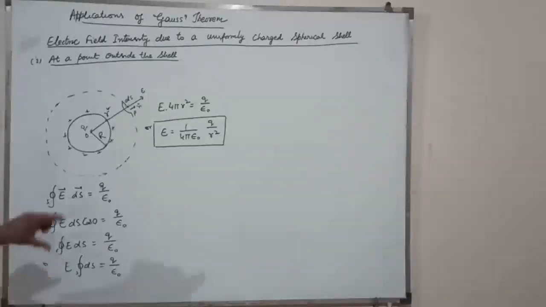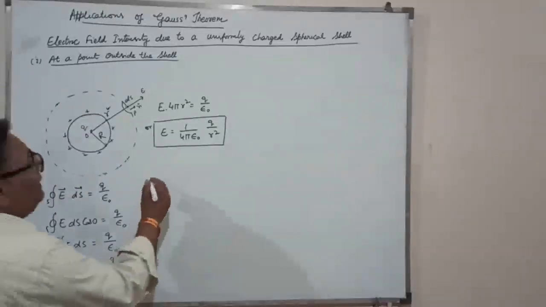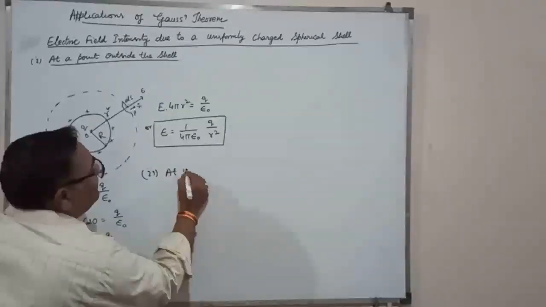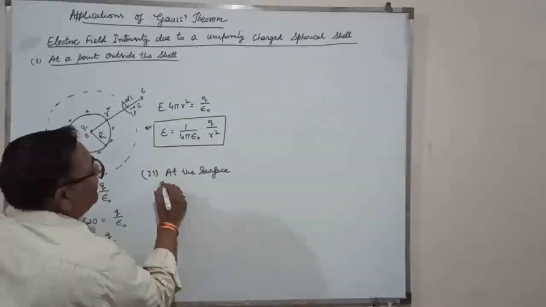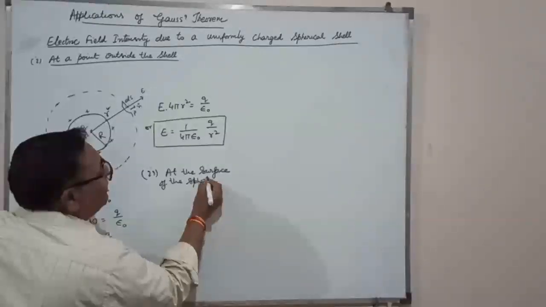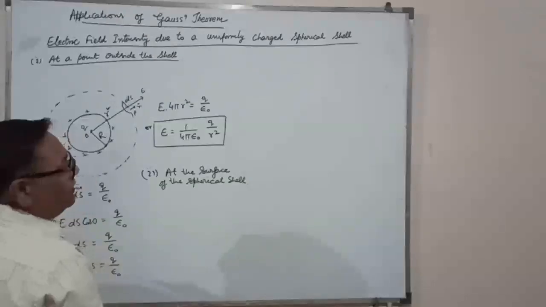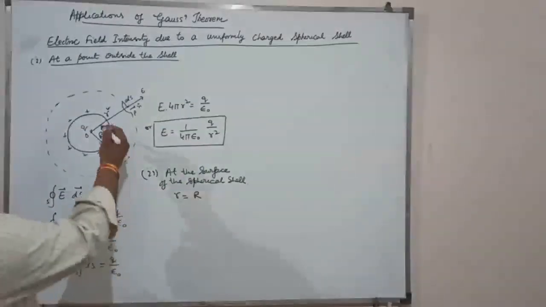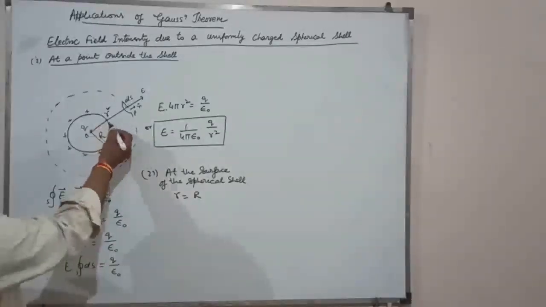Clear? The second case: if the point lies at the surface of the spherical shell, then small r is equal to capital R. The radius of the shell is equal to this distance.